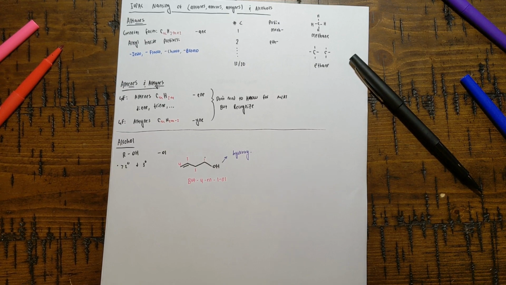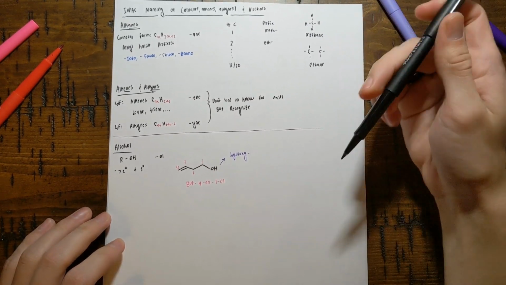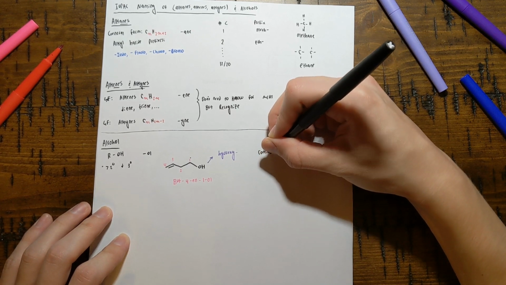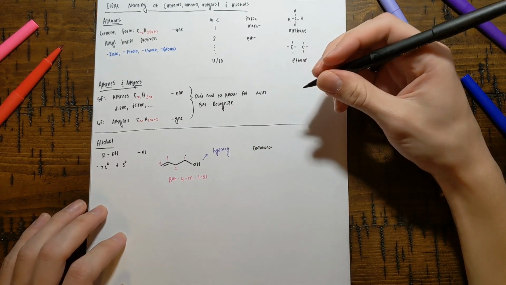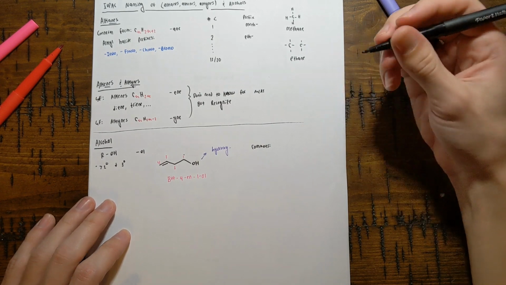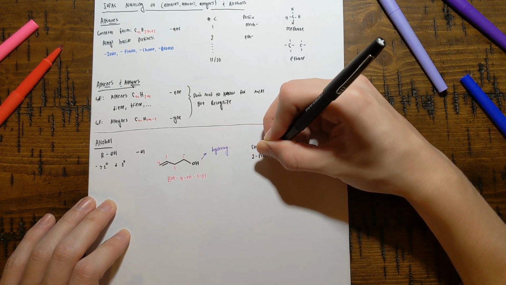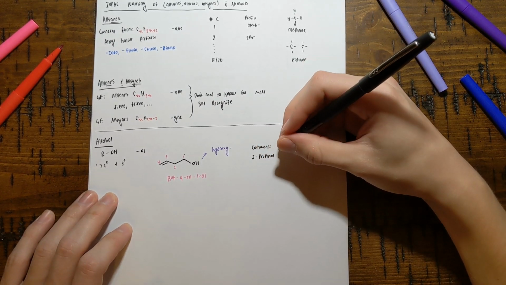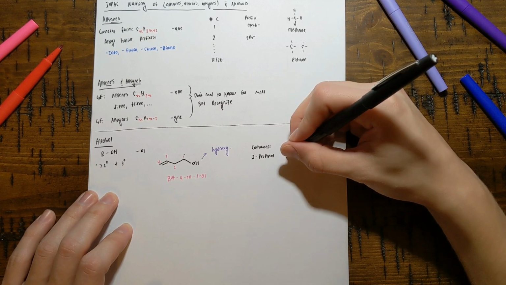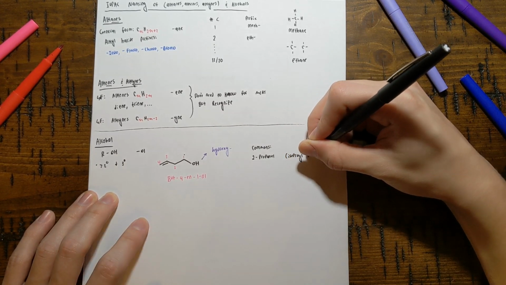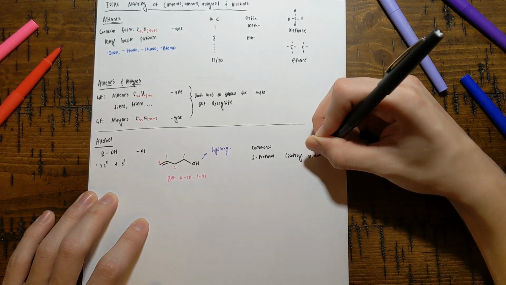There are a couple more things, but it's important to know the common names for a lot of alcohols. These are used a lot. So one really important one that has been stressed so far is 2-propanol, which is going to become known as isopropyl alcohol.